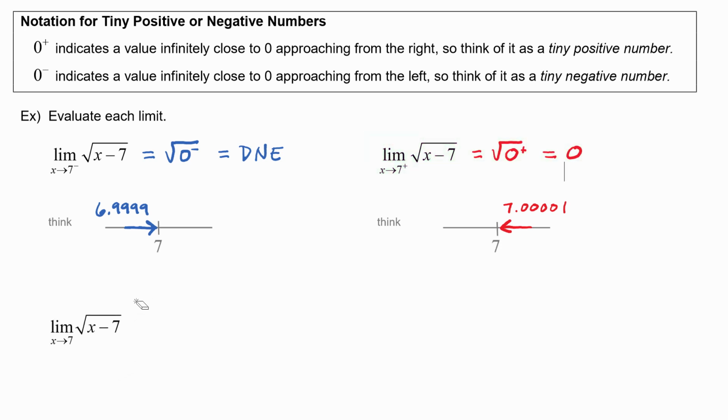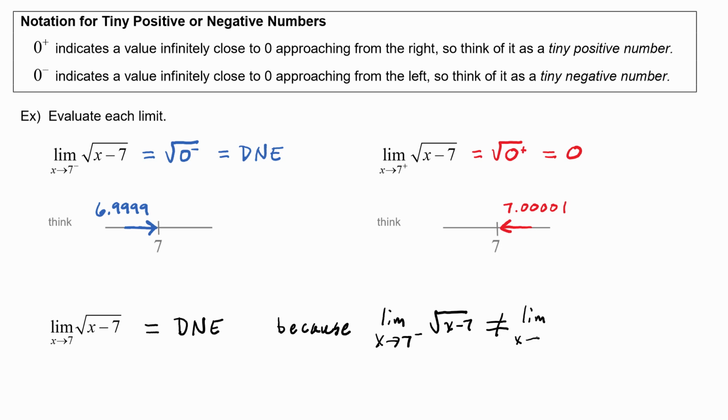Now if we evaluate the two-sided limit as x approaches 7 of the square root of the quantity x minus 7, we have to say that this limit does not exist. And that's because the limit as x approaches 7 from the left of radical x minus 7 was not equal to the limit as x approaches 7 from the right of square root of x minus 7.